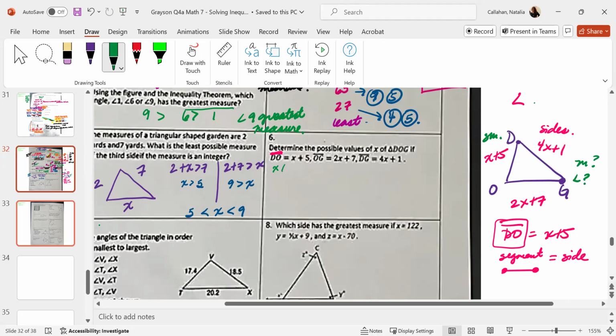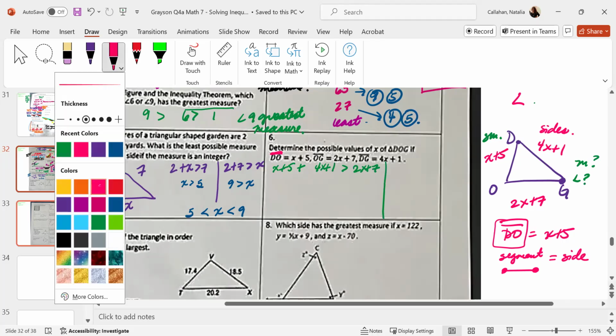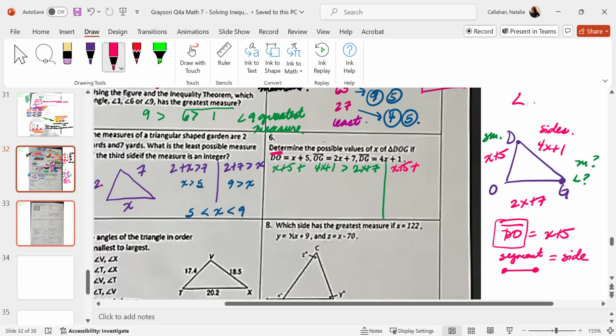So I have to do x plus 5 plus, let's just say 4x plus 1. That has to be bigger than 2x plus 7, right? That's the first one, correct? Then we could do x plus 5 plus, what's the other one that we did not use, is greater than 4x plus 1, right? Yeah. Let's do it that way. Let's see where we get.